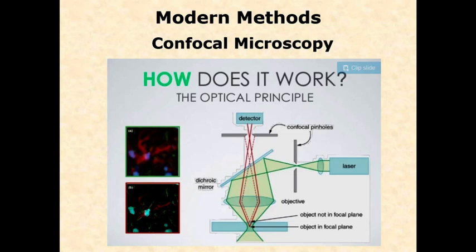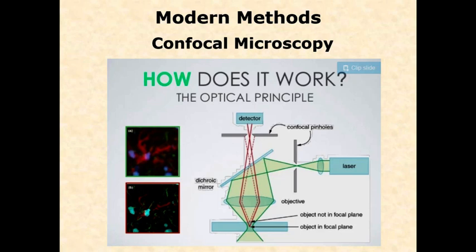Well, a confocal resolves that, and it does it with two little tricks. The first is a little pinpoint of light. So the detector here will only get the light that is in focus because this pinpoint filters out the out-of-focus light, and it has to do with the way that lenses project an image onto a sensor.